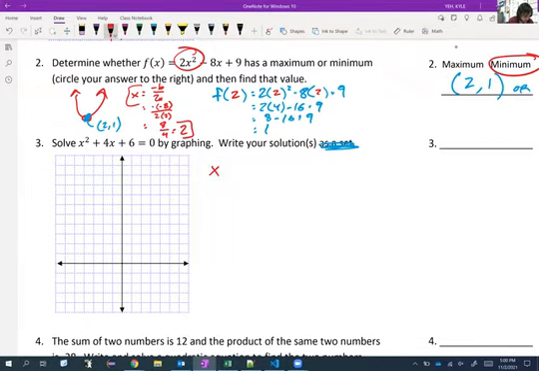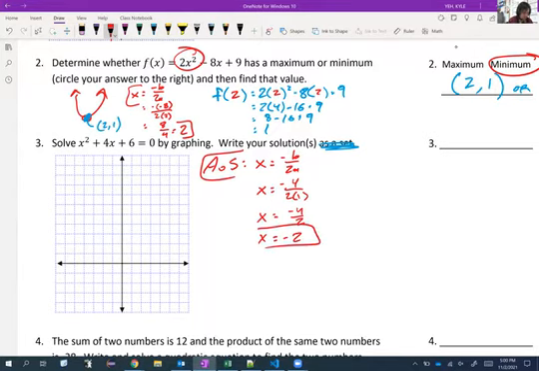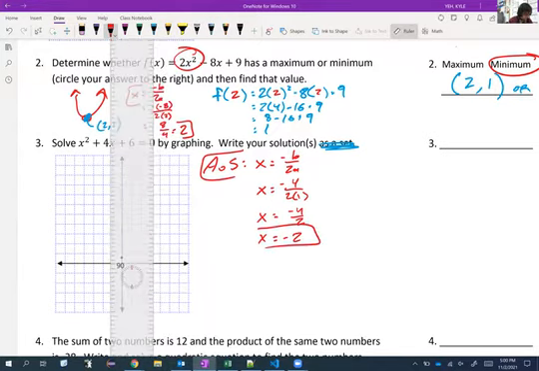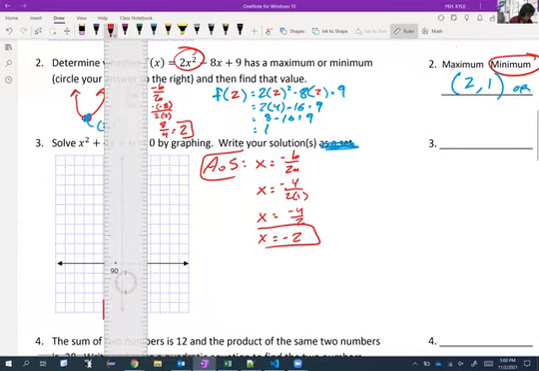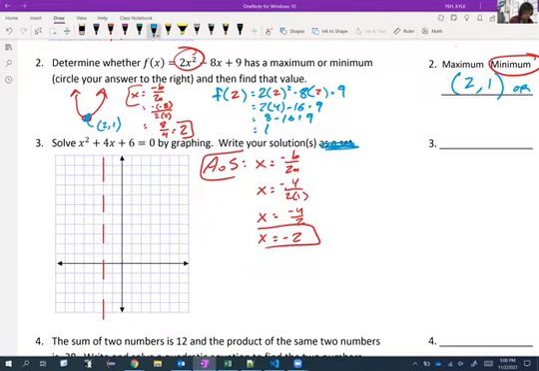I'm going to start with my axis of symmetry. I'll label it axis of symmetry, x equals negative b over 2a, negative 4 over 2 times 1, getting my a, b, and c from the equation, negative 4 over 2, axis of symmetry, negative 2. I'm going to use that to find my vertex.